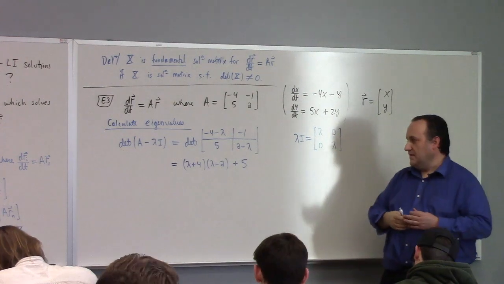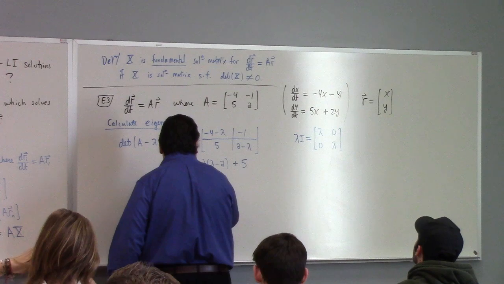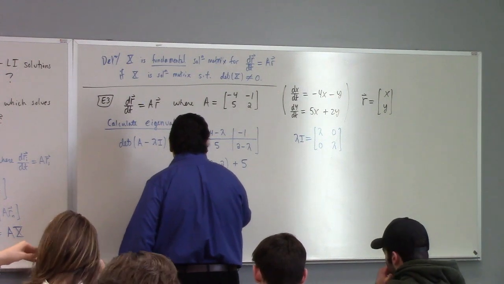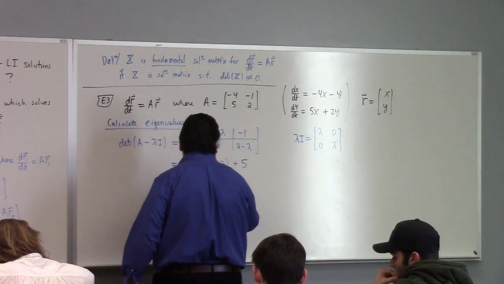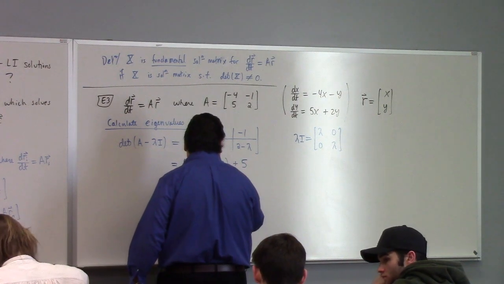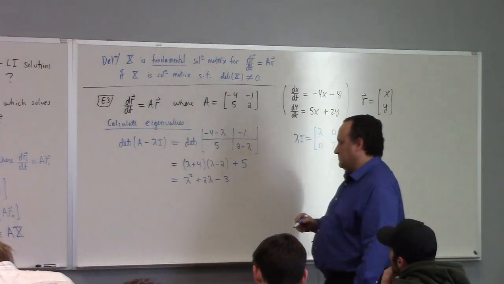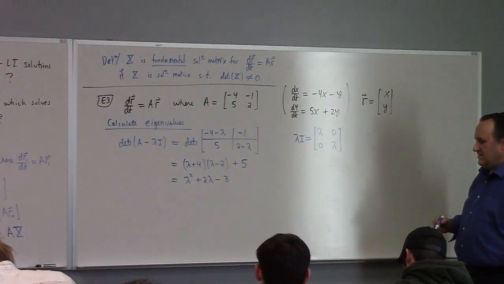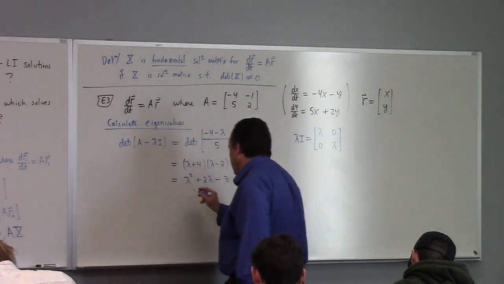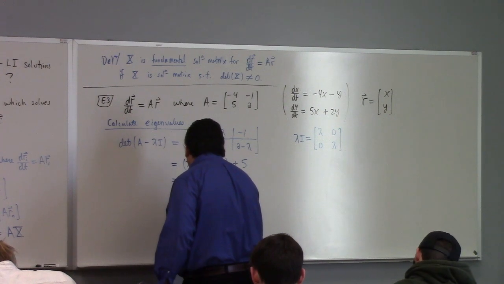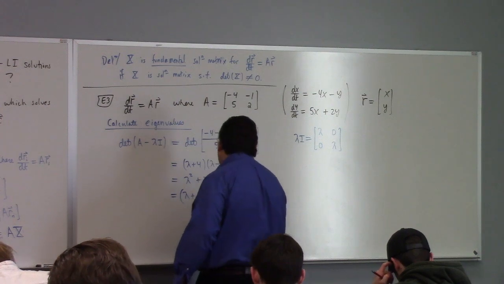All right, great. Now, I'll multiply this thing out. I get lambda squared, plus 4 lambda, minus 2 lambda is plus 2 lambda, minus 8 plus 5 is minus 3, I think. And, hey, that factors. We've got (lambda + 3)(lambda - 1).